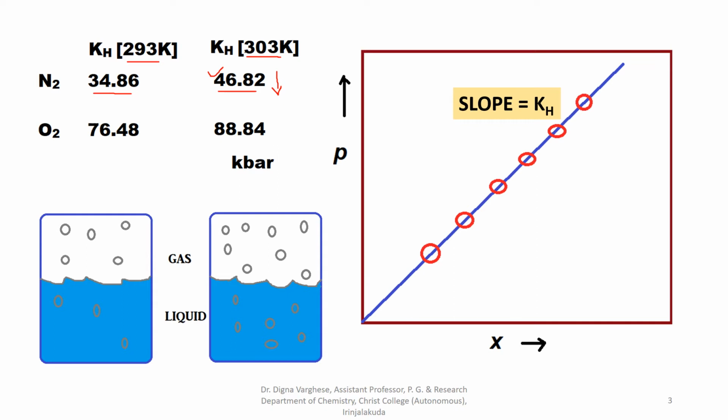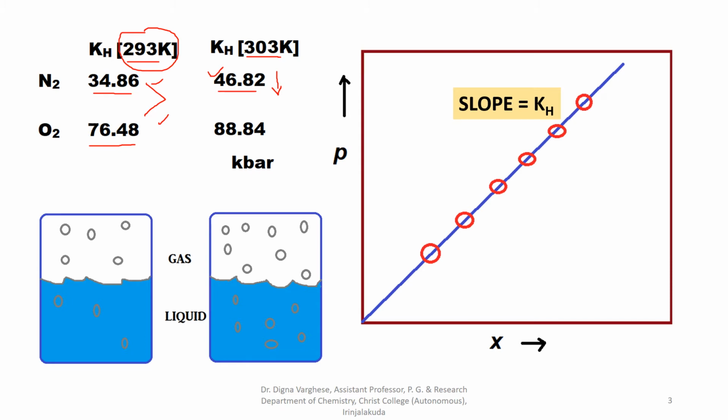For oxygen at 293 Kelvin, its value is 76.48. So for nitrogen and oxygen, the value is different at the same temperature. So Kh is dependent on the nature of the gas. Different gases have different Kh values.